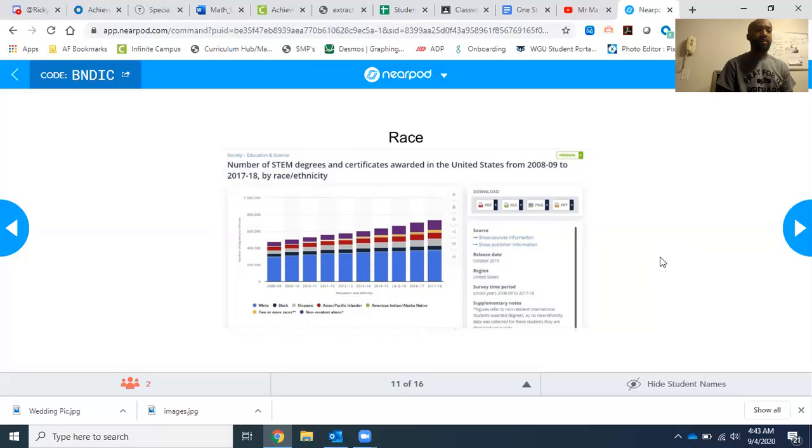Please take a look at this one and the one that comes right after. This first one has to do with STEM and its impact by race. Please look at it and figure out if you can find anything that is surprising to you, anything that you already knew, and what are the trends that you can see.